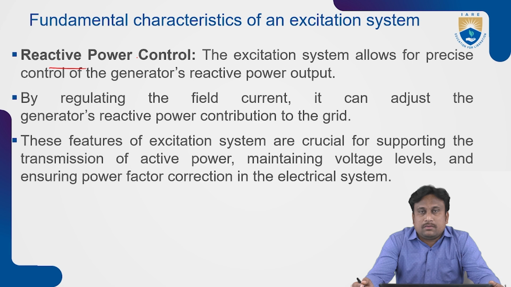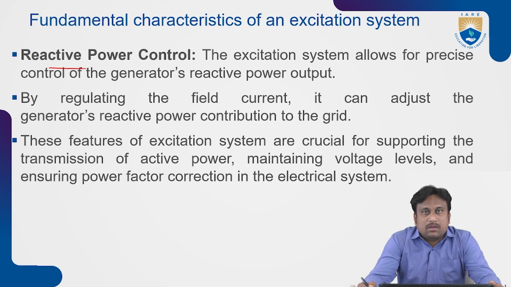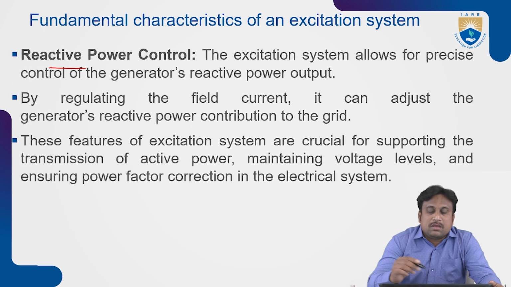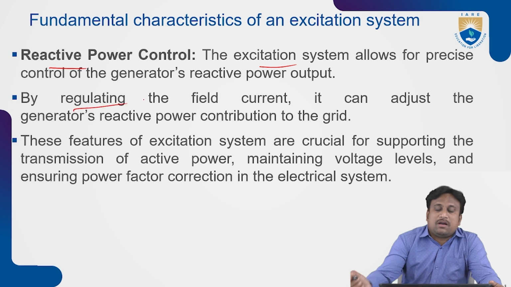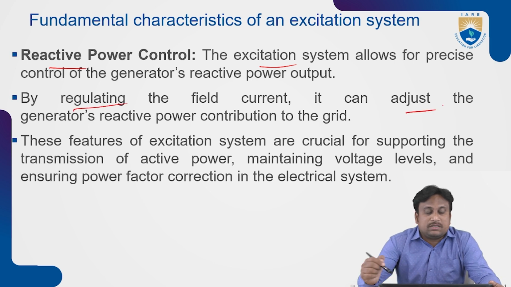Reactive power control. We discussed this concept already: how we control the reactive power and the key features of the reactive power controlling parameters. The excitation system allows precise control of the generator's reactive power output. By regulating the field current, it can adjust the generator's reactive power contribution to the grid.